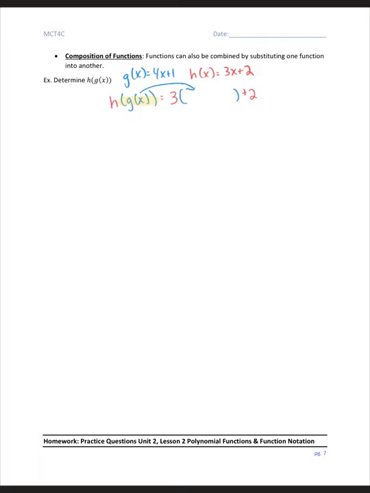We're going to substitute in g of x and then simplify and see what we get. So let's just write that in the next step. So h of g of x is going to equal 3, and then in place of that bracket I'm going to substitute in my g of x, which was 4x plus 1, and then we have that plus 2 that's also on our h of x.